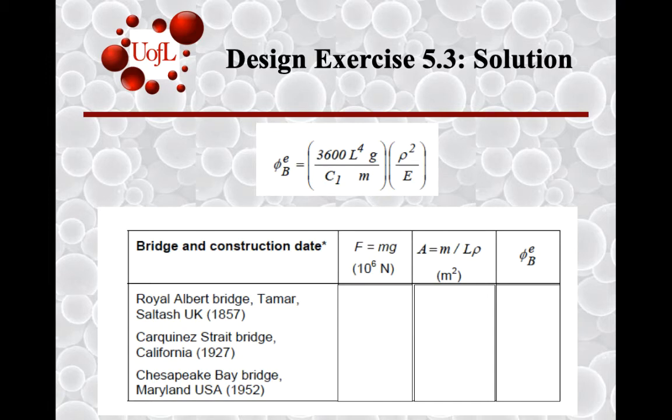So at this point you have everything you need. You have C1, you have M, you have L, you have G, you have rho, you have E, you have consistent units. And if you go ahead and look at estimating the load, which is a self weight of the bridge, and you have this term over here, area, you can compute phi b.